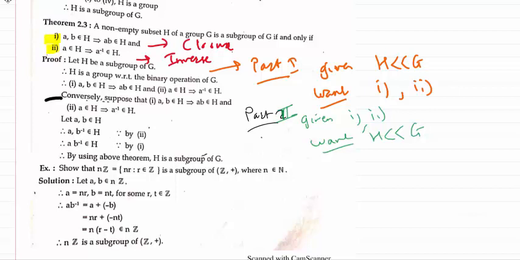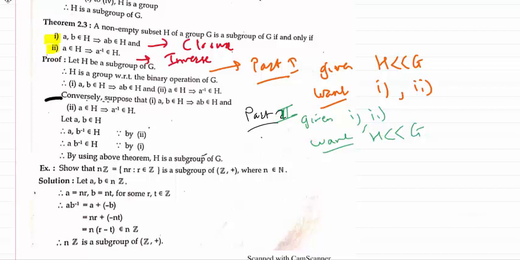Whenever we discuss a binary operation, by default we can take it as multiplication. So H is a group. Since H is a group, it must satisfy four properties: closure, associativity, existence of identity, and inverse.